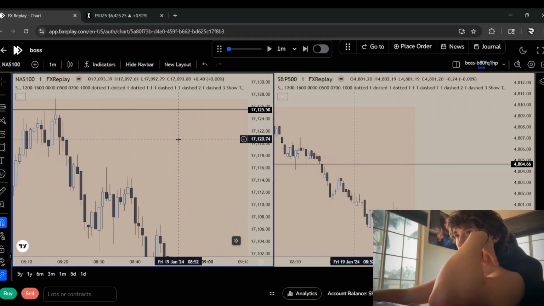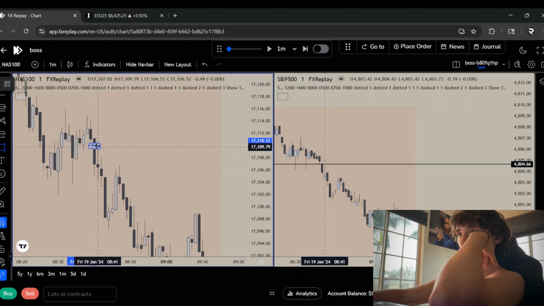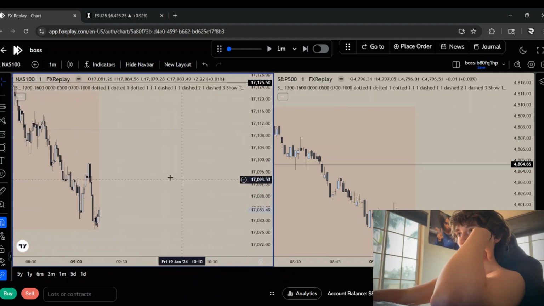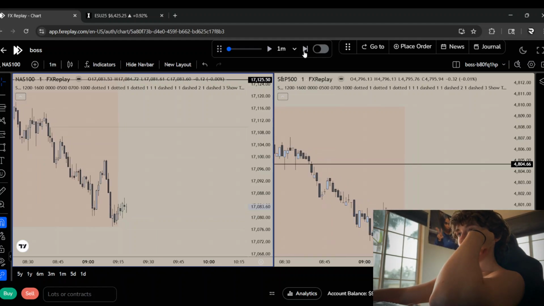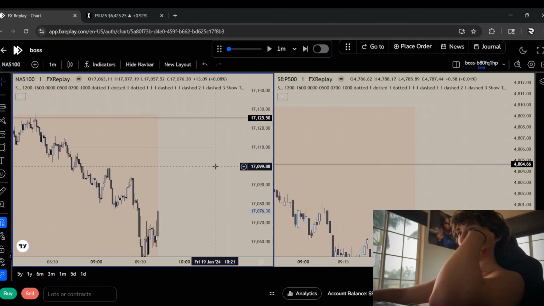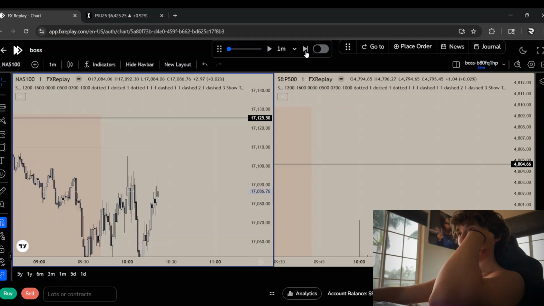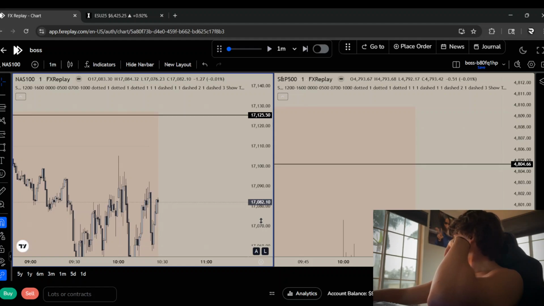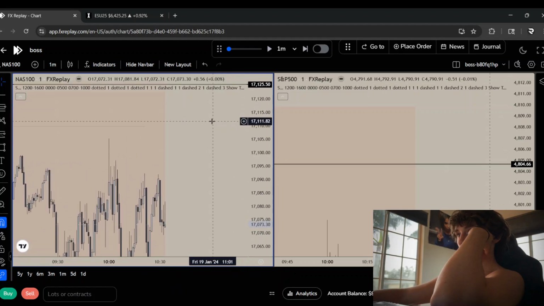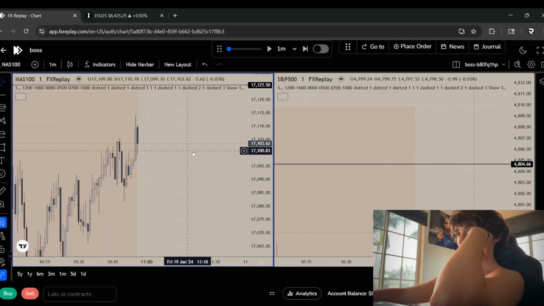Final gap is right here. Alright, we finally filled it.